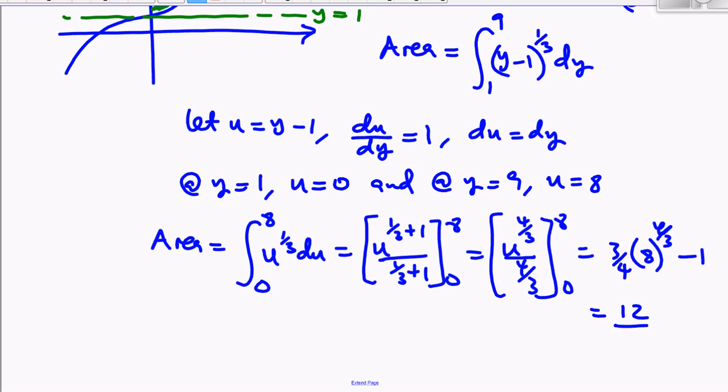And that will give us 12. So this area is 12.